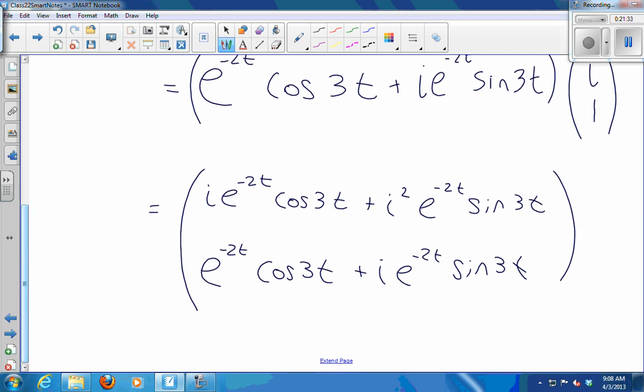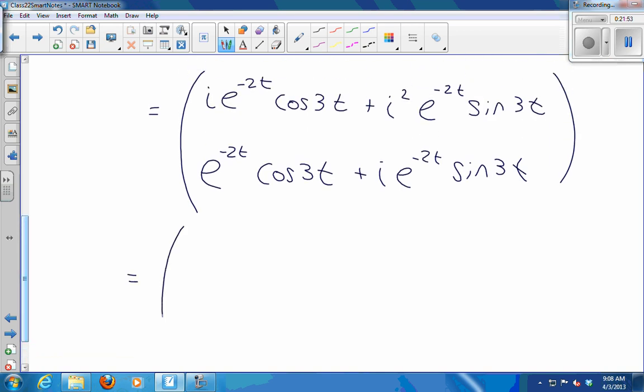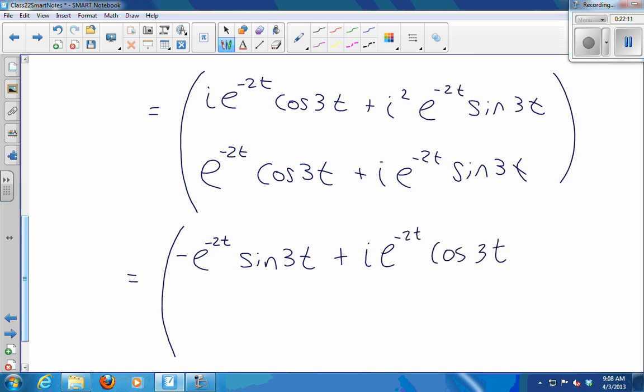Lastly, I'm going to replace i squared with negative 1, and, as is the custom, put real parts on the left and imaginary parts on the right, so it looks like a plus bi. So I have negative e to the negative 2t sine 3t plus i e to the negative 2t cosine 3t, and this one stays the same.